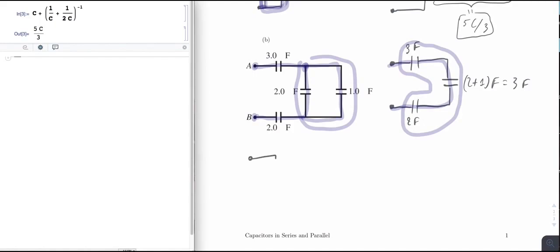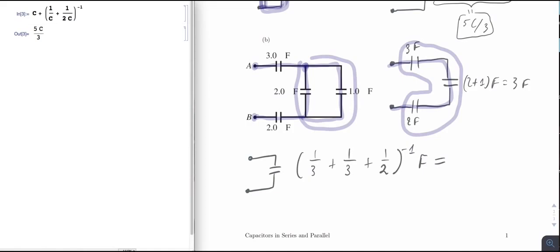And in series, we have to use the reciprocal law. So my last circuit will have one capacitor in it. And the reciprocal law says I will have (1 over 3 plus 1 over 3 plus 1 over 2) all to the inverse, or 1 over that. And my final unit will be a farad. So let's take a look at this.